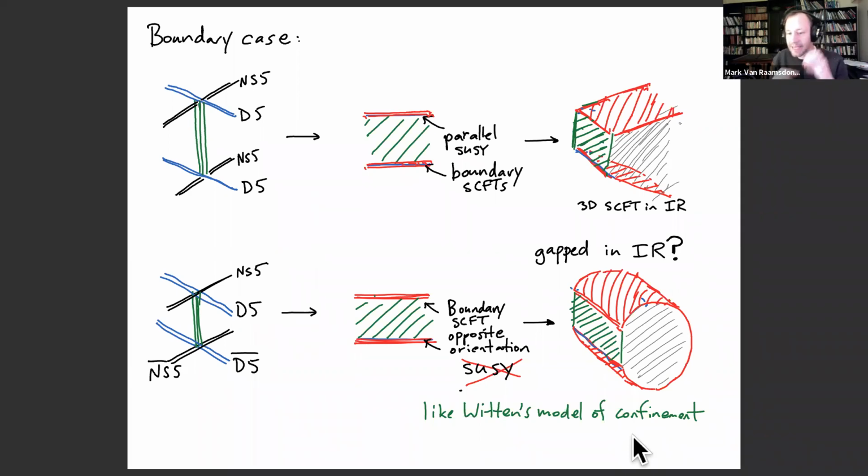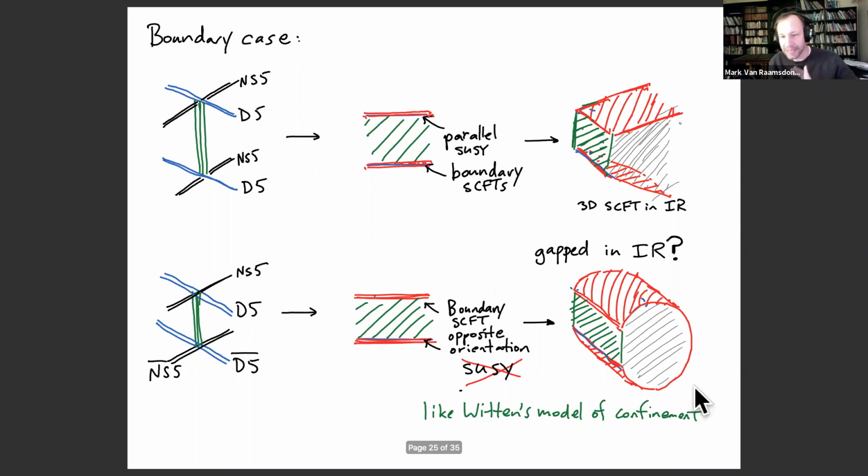And then he argued that the dual has the circular direction contract in the bulk. Here it's like that. We have these supersymmetry breaking boundary conditions, but instead of a circle, we have just an interval. And as you go into the bulk, the interval ends up contracting and pinching off, and it pinches off smoothly, just like in Witten's model.